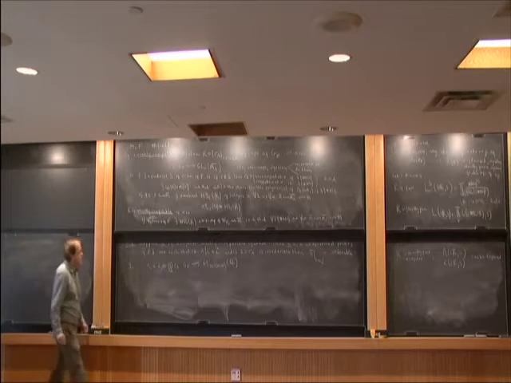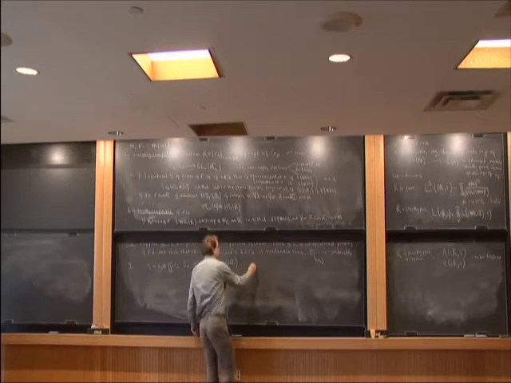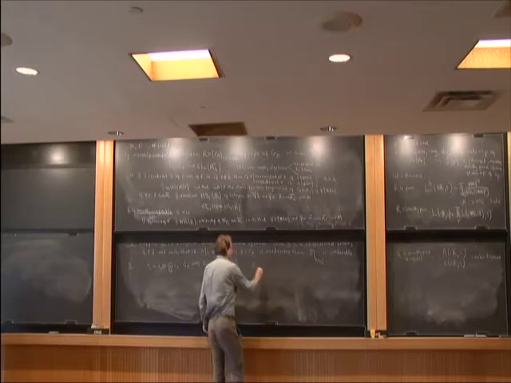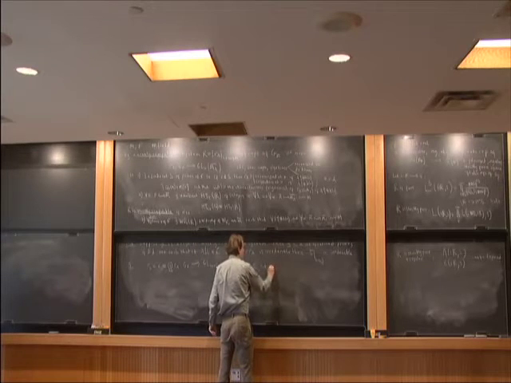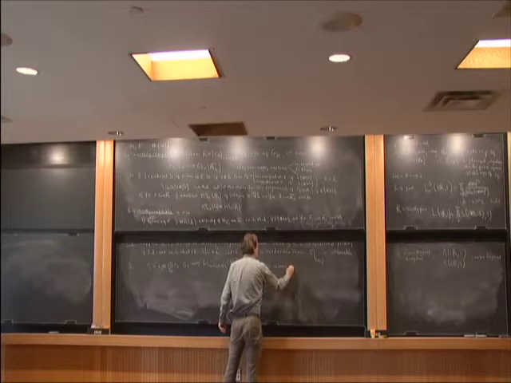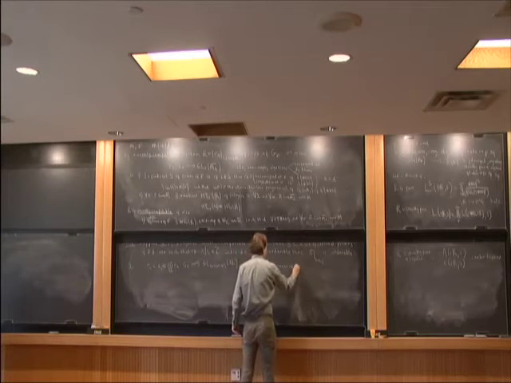And I will let G_l, contained in this general linear group, be the Zariski closure of the image of R_l.